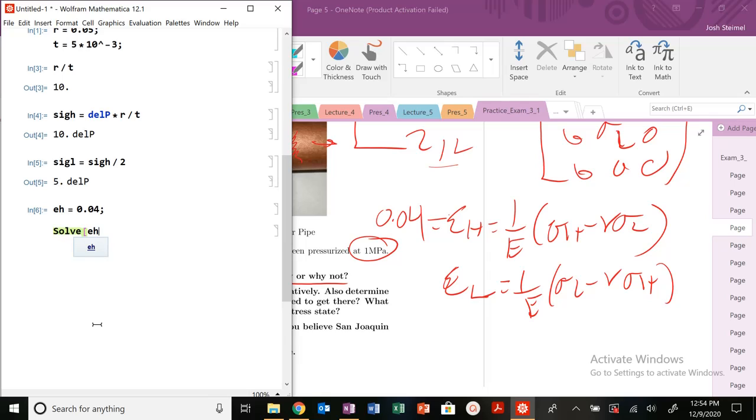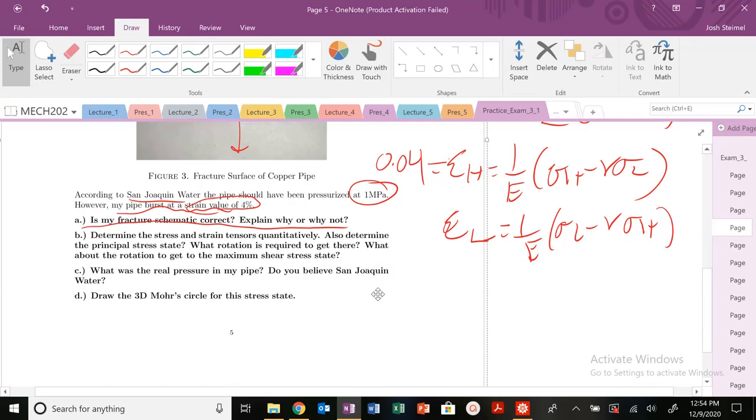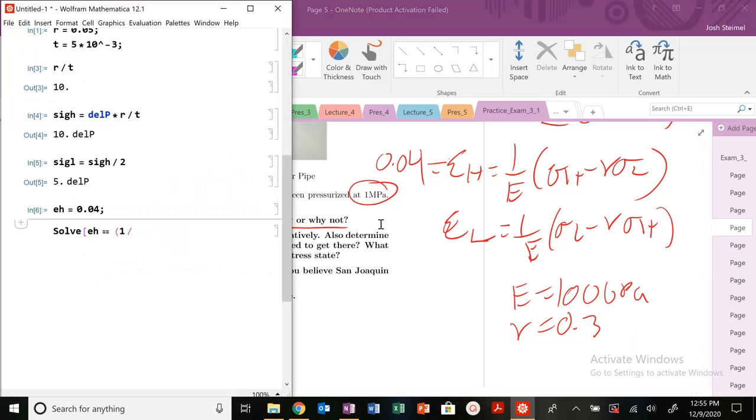What is my Young's modulus in this problem? Well, I'm working with a copper pipe, so I'm going to just assume that E is equal to 100 gigapascals. That's a good assumption for metals, and nu is equal to 0.3.